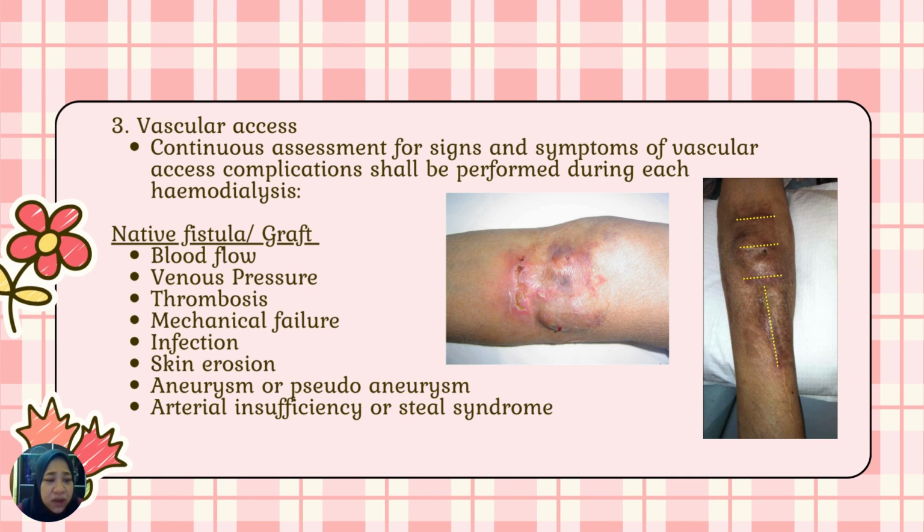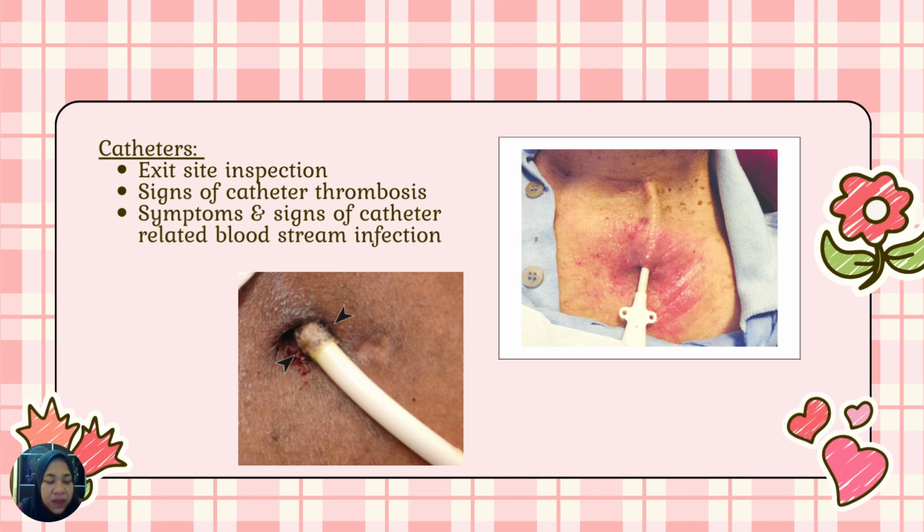For the native fistula or graft, we should assess the blood flow, venous pressure, thrombosis, mechanical failure, infection, skin erosion, aneurysm or pseudoaneurysm, arterial insufficiency or steal syndrome. For the catheter, we must check the exit site inspection, signs of catheter thrombosis, and symptoms and signs of catheter-related bloodstream infection.